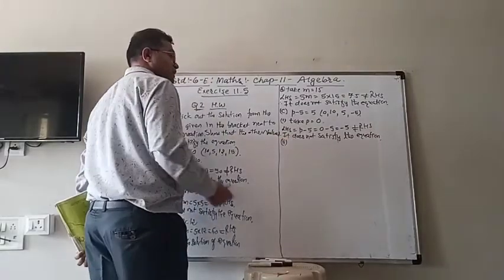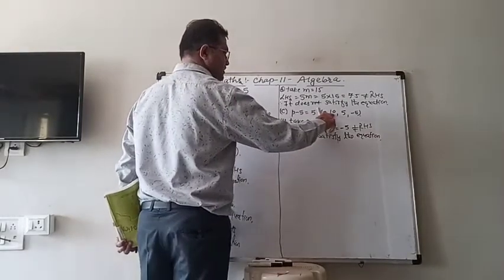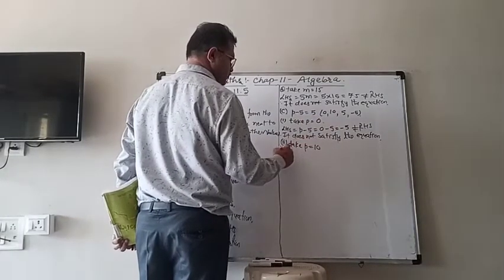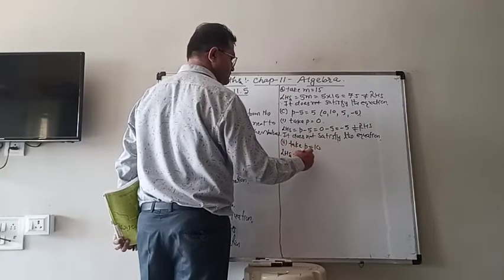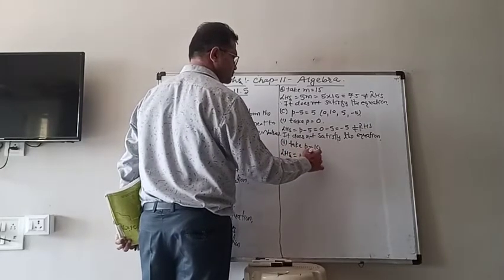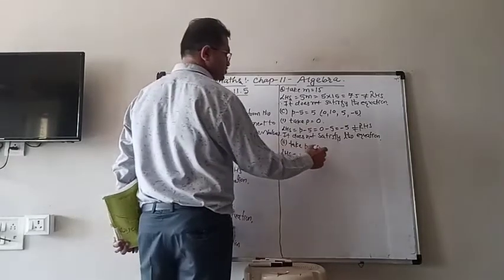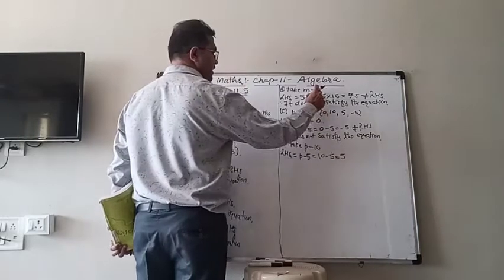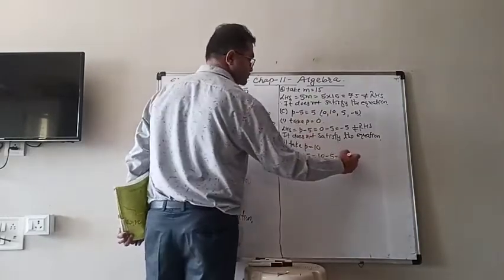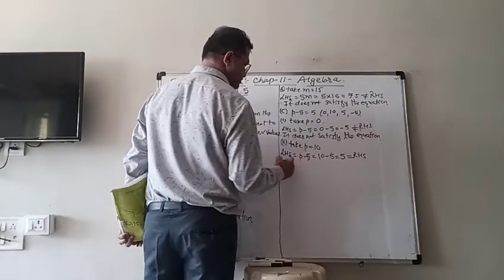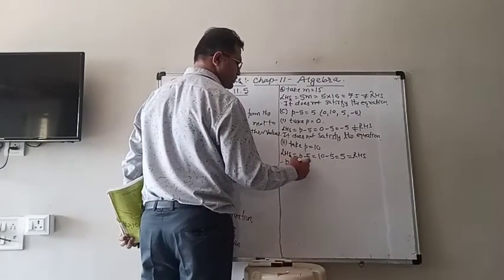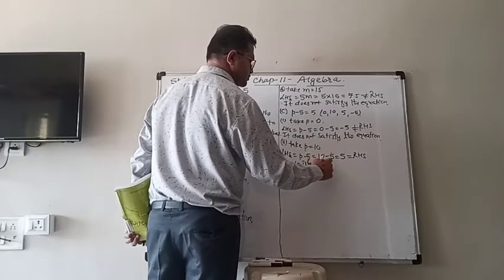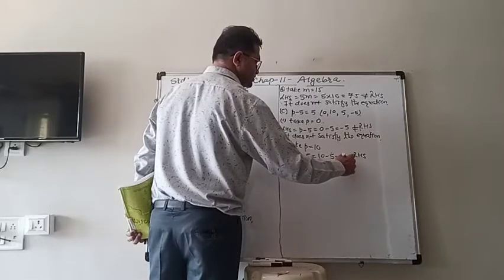Second, take p equals 10. So what is the LHS? p minus 5. Value of p we have to take as 10. So 10 minus 5 is 5, and here the RHS is also 5, equal to the RHS. Therefore, p equals 10 is a solution of the equation.